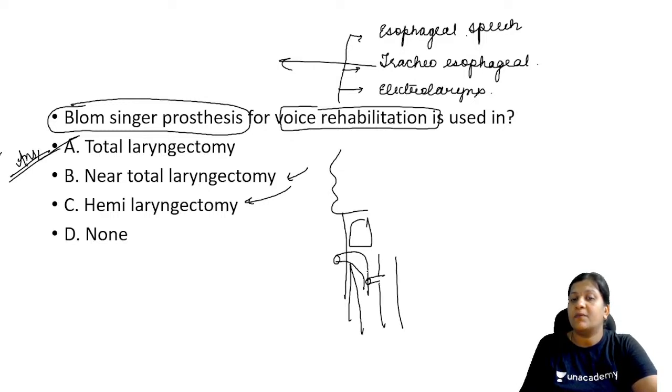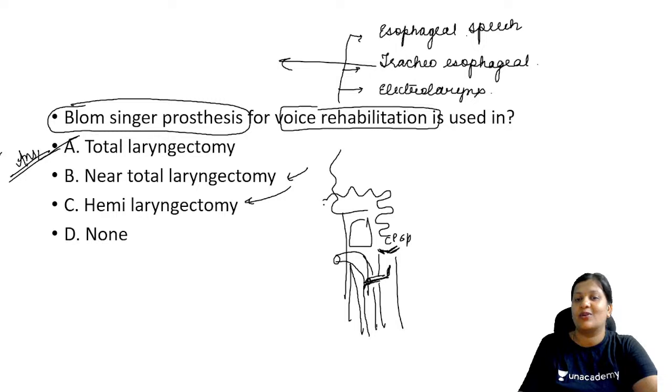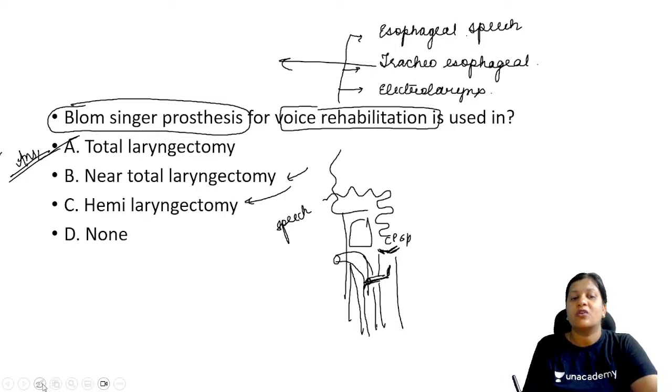Whenever the patient wants to produce speech, the air current gets redirected through the prosthesis to the upper esophagus. It vibrates against the cricopharyngeal sphincter. Acoustic waves are produced. They go through the articulators to produce speech. So the prosthesis that we use here between the trachea and the esophagus is called the tracheoesophageal prosthesis.